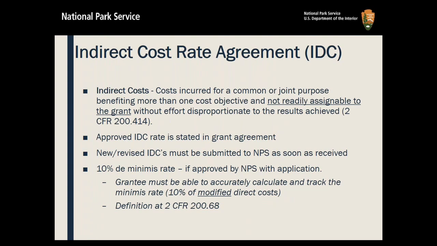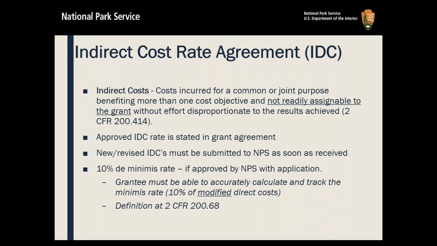Indirect cost rate agreements. So as we mentioned before, only 25% of your grant can go towards indirect costs and administration costs. Indirect costs are the costs that are incurred for a common or joint purpose benefiting more than one cost objective and that are not readily assignable to the grant without effort disproportionate to the results achieved.